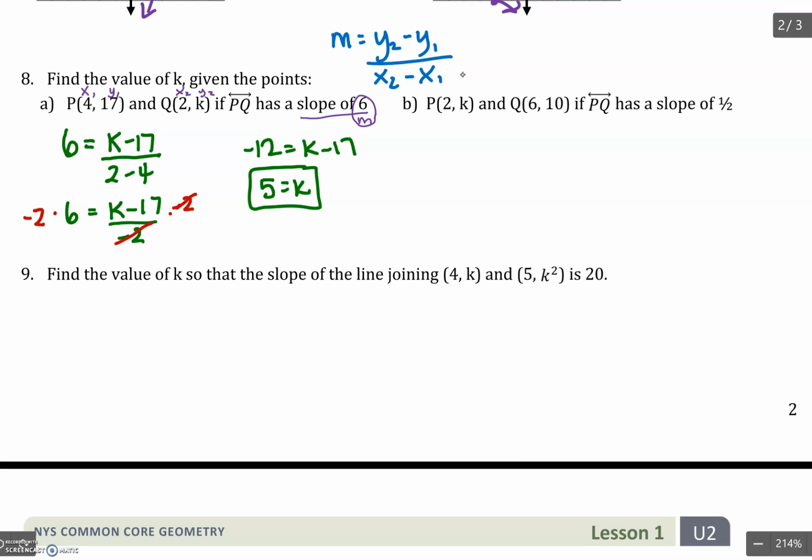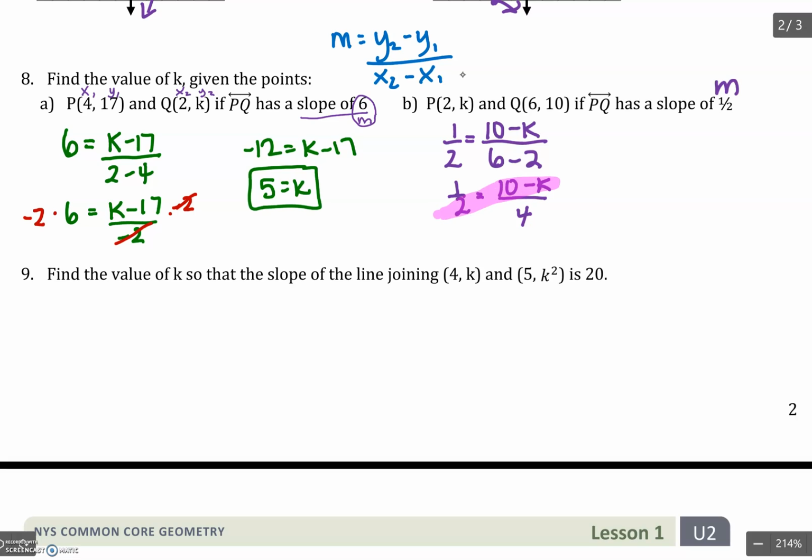Same thing for the next one. We know m, and we have our points. So m is 1/2. And then I will do y2 minus y1 over x2 minus x1. I'm going to simplify the 6 minus 2 into 4. And remember, another way to solve with fractions is to cross multiply.